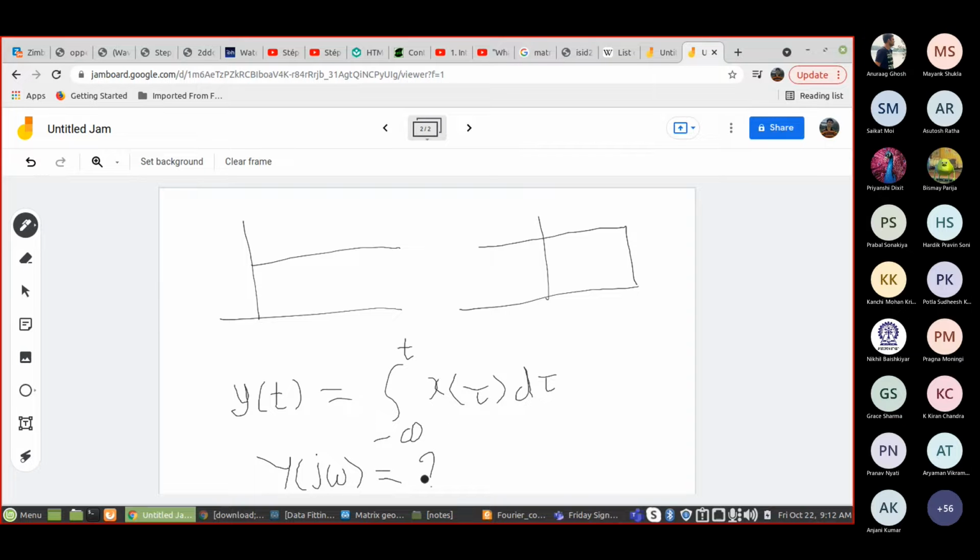So this is our question. We know this signal x, and this is integrated from minus infinity to t, and that gives y. So t could be anything. For each t, you evaluate this integral, and that's how y(t) is obtained. And the question is, what is Y(j omega) in terms of X(j omega)?